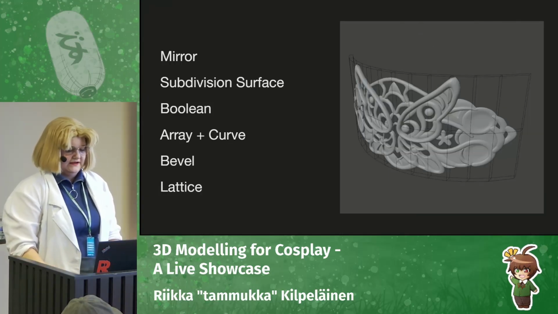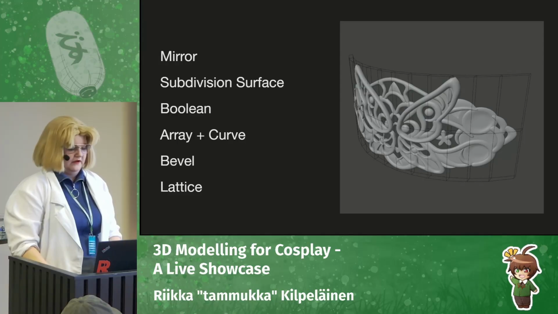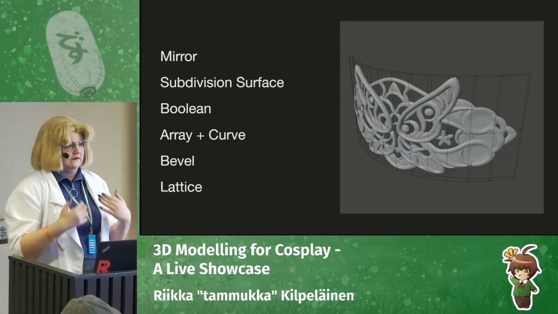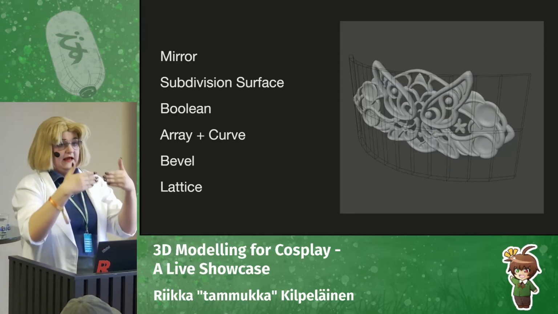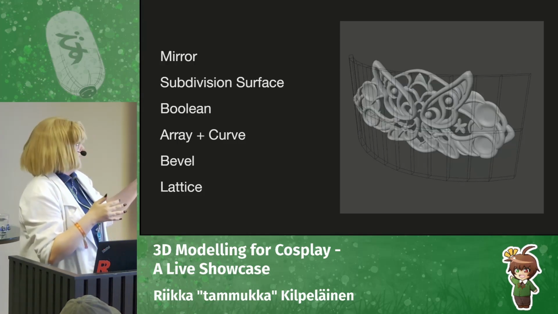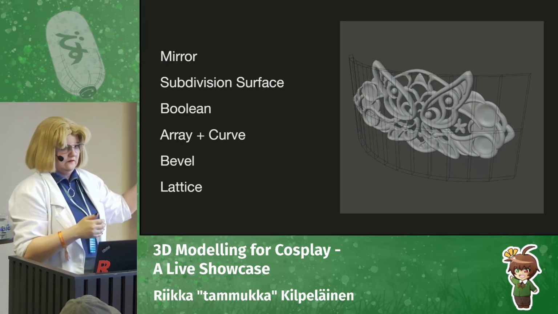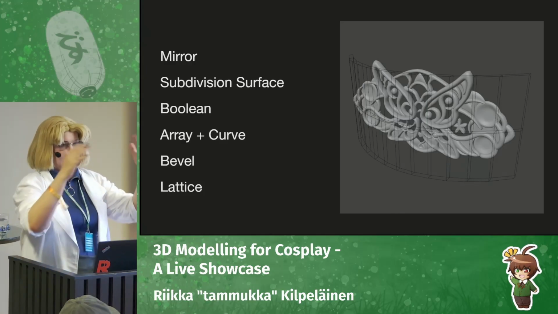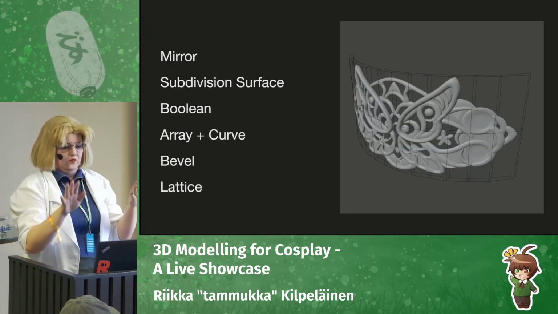And then lattice. This is a very specific use case, but here I have modeled this hair clip flat against the reference, and then with the lattice modifier, this kind of grid that you can deform and move, I can bend it into shape.